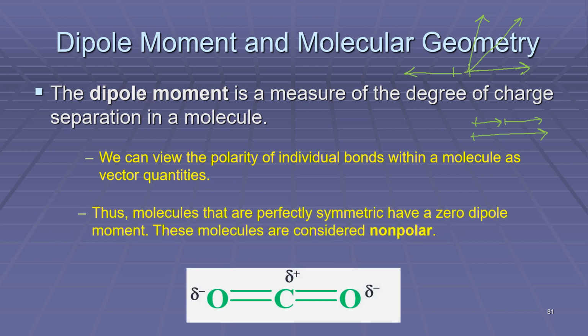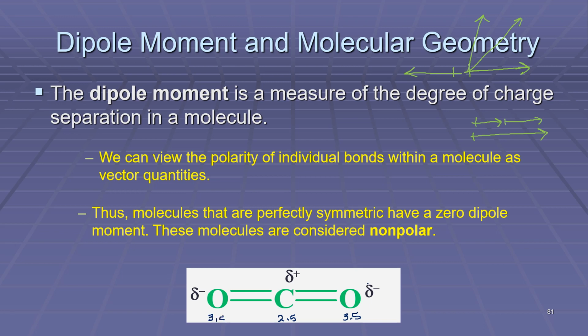And polar bonds are considered vectors. So if we look, for example, at carbon dioxide, we know that a carbon-oxygen bond is polar because we've already calculated that. Carbon is 2.5, oxygen is 3.5. The difference between them is 1.0, so this is a polar bond. And we know that the oxygen is more negative, so this end is more negative. But the bond on this side is also polar, and the oxygen is negative and the carbon is positive.